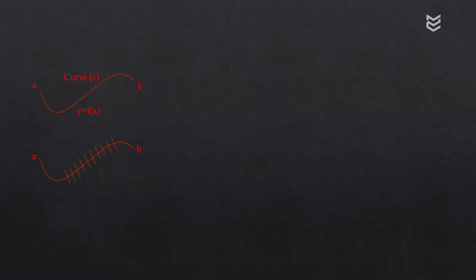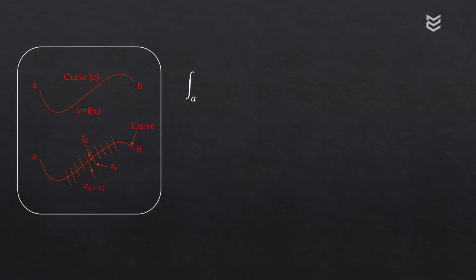Let the ith piece be z i minus 1 and zi, and xi be a point between the pieces and on the curve. The equation we get is the product of the function at xi and delta zi.